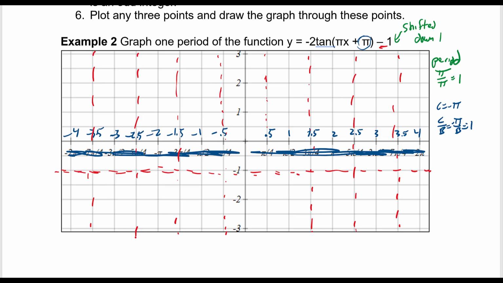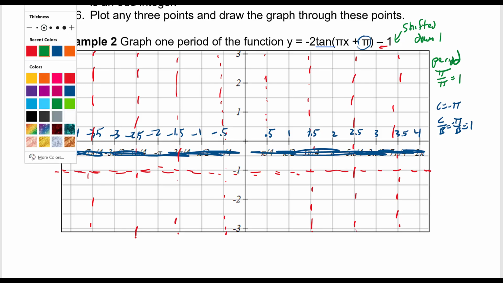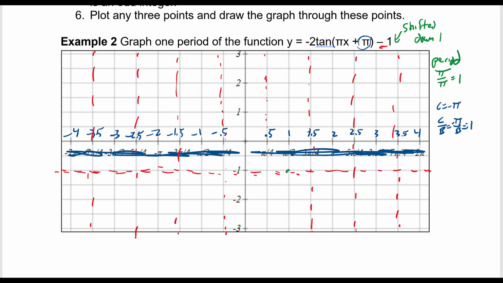Okay, and let's go ahead and plot some points. We know in the middle of the asymptotes is where it would be crossing the center line. Oh, we have a leading coefficient of negative 2. So it's going to stretch it by 2 and invert it.